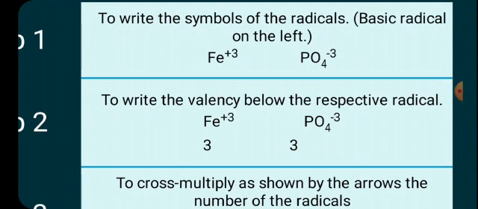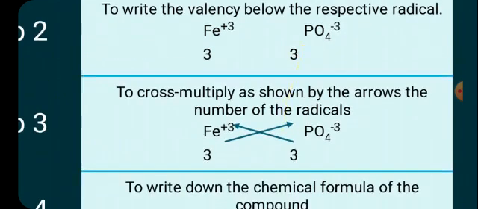Phosphate ion is acidic, it is anion. Number 2, write down the valency below the respective radical. Fe3+ carries 3 charge, so it is its valency. Then phosphate ion carries minus 3 charge, so 3 is the valency of phosphate ion.